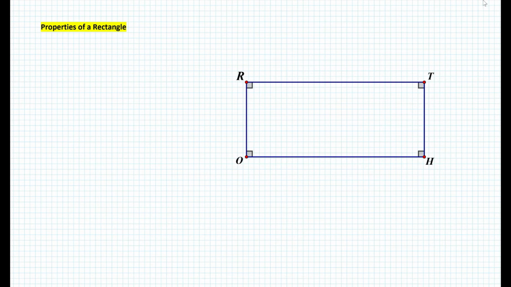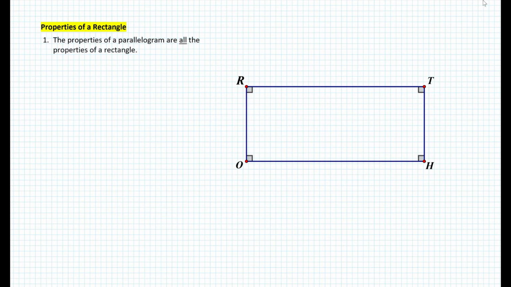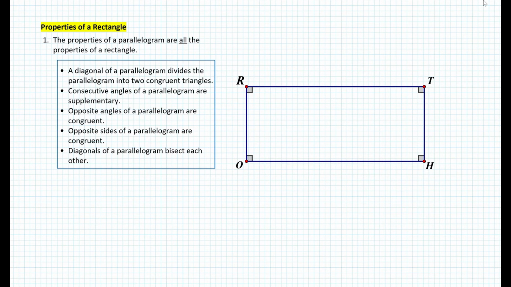So then we can write the following as the first property of a rectangle: that the properties of a parallelogram are all the properties of a rectangle. Let's review those. But notice that now we can actually change the word from parallelogram to rectangle. If you say parallelogram, it's still correct because a rectangle is a parallelogram. So let's change those words.